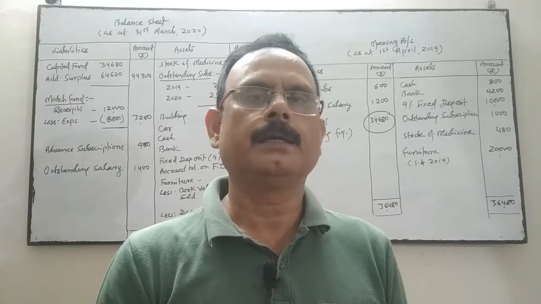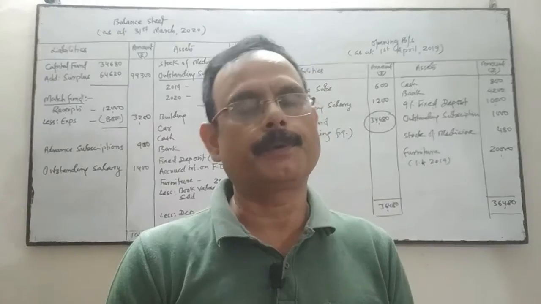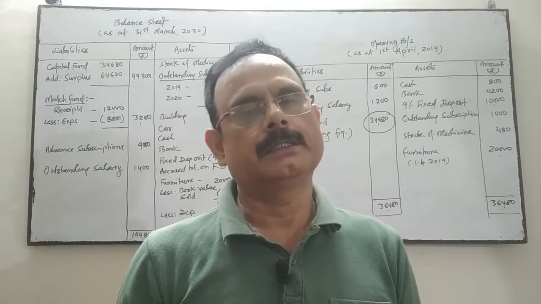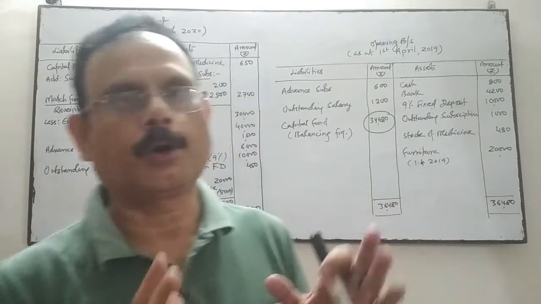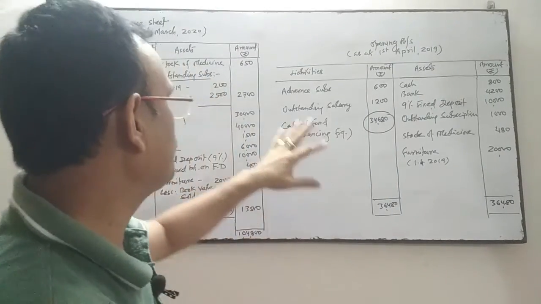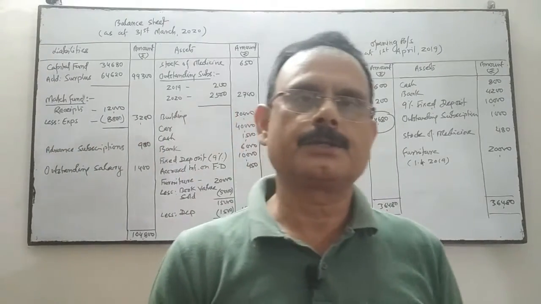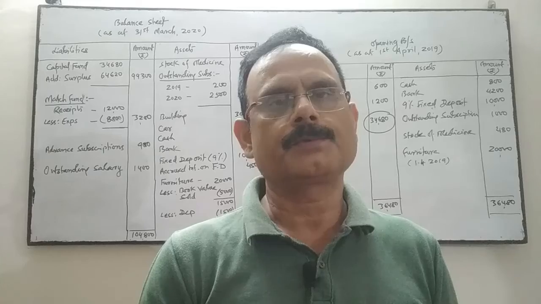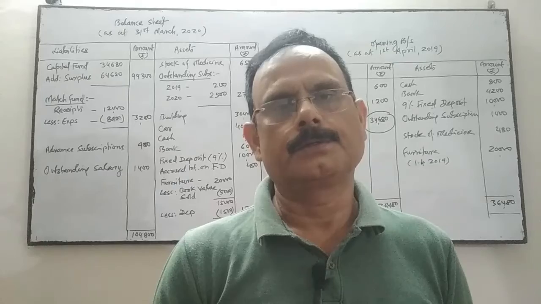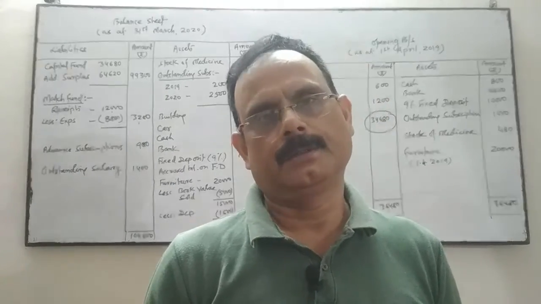One more working is to find out the capital fund by preparing the opening balance sheet. So we will prepare the income and expenditure account, thereafter certain workings, thereafter the opening balance sheet to find out the capital fund, and finally we will prepare the balance sheet of the current year. So as far as this problem solution is concerned, this topic is completed. Okay, I will give you some questions based on that in the next slide.